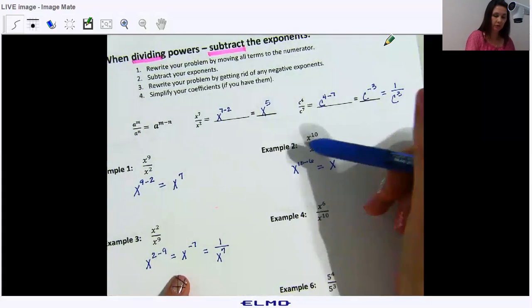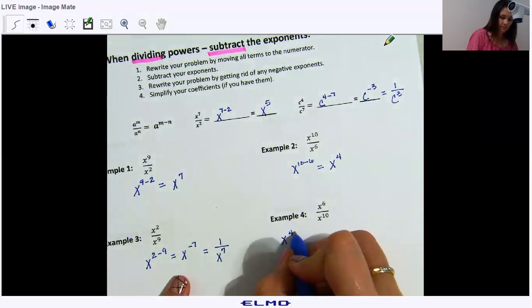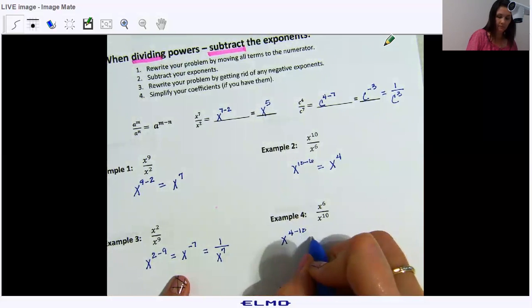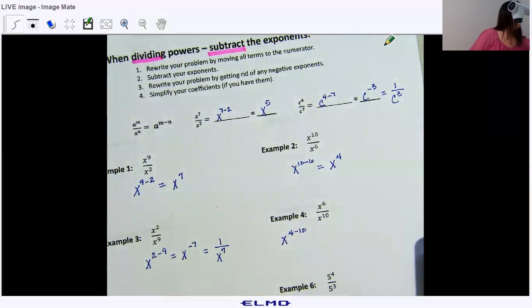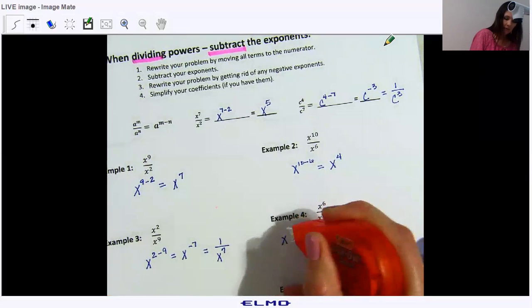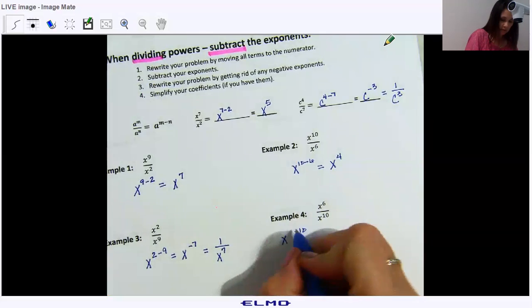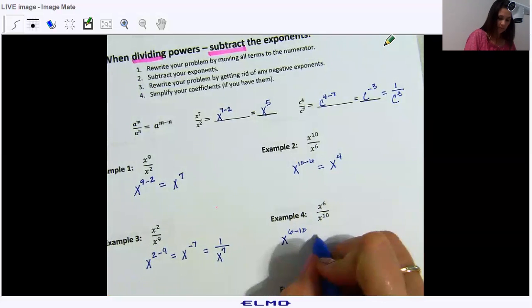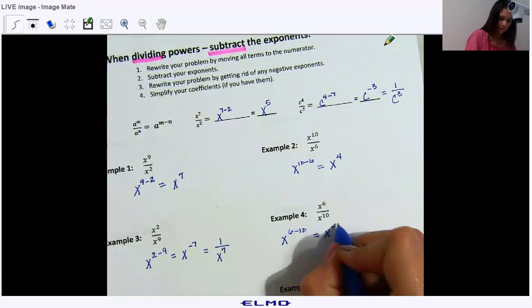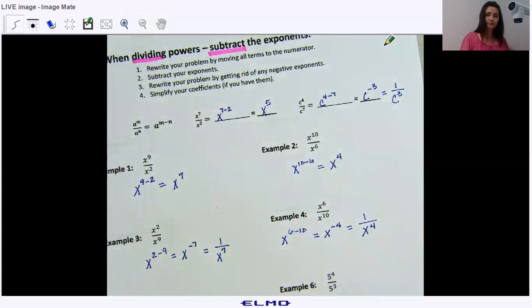Same thing with examples 2 and 4. Okay, those are pretty simple.